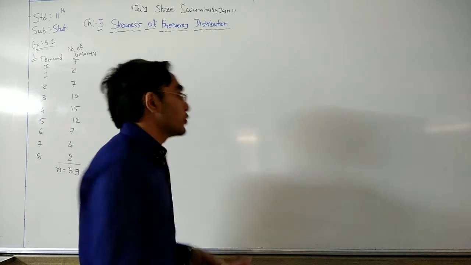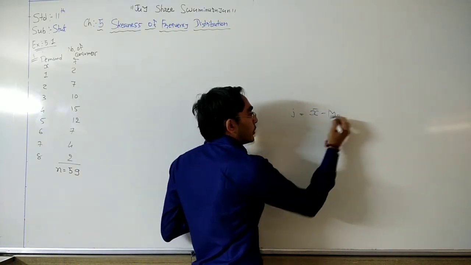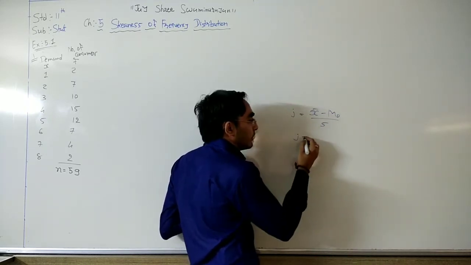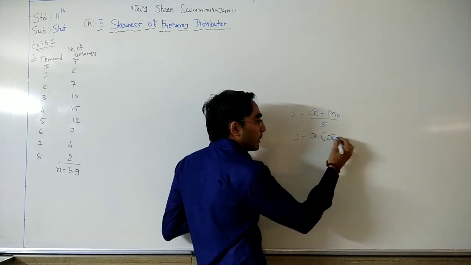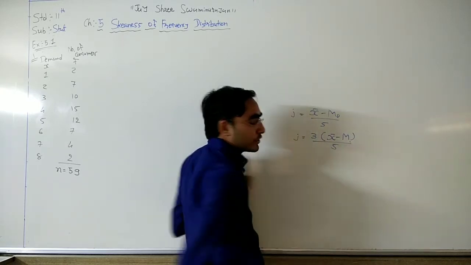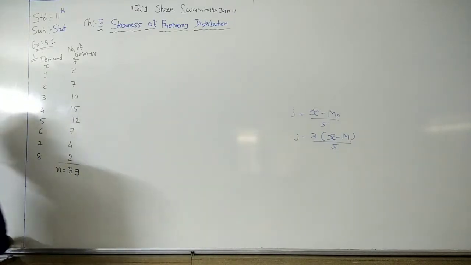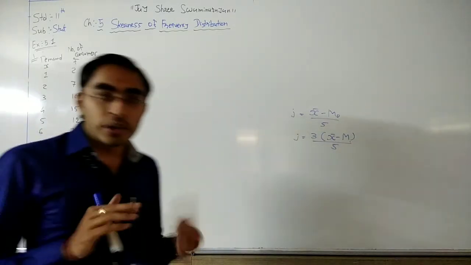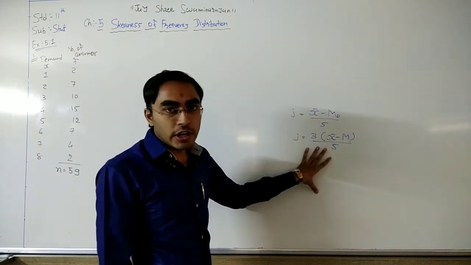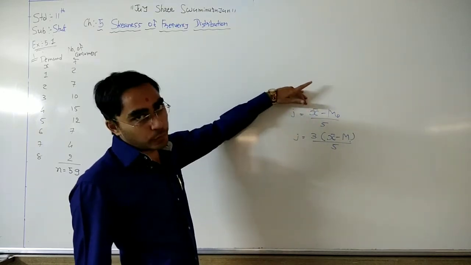First one is x bar minus mode divided by standard deviation s, and second one is 3 times (x bar minus median) divided by standard deviation s. If mode is not defined, in such condition we need to use this formula, but if mode is defined, then we need to use this formula.